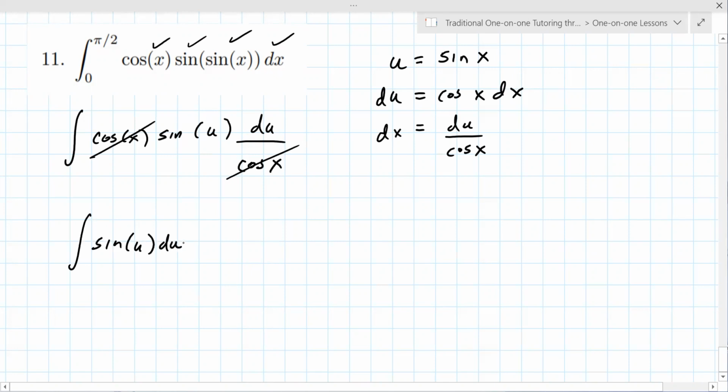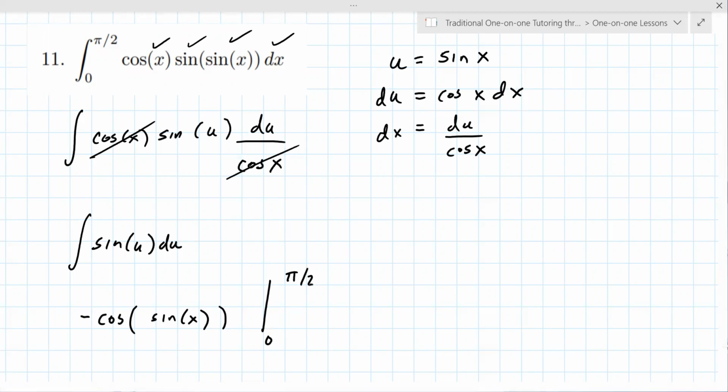So what's the antiderivative of sine? Negative cosine. Now it's normally u, but u is really sine x, and then you can back substitute your limits of integration. Okay, pi over 2 and 0.